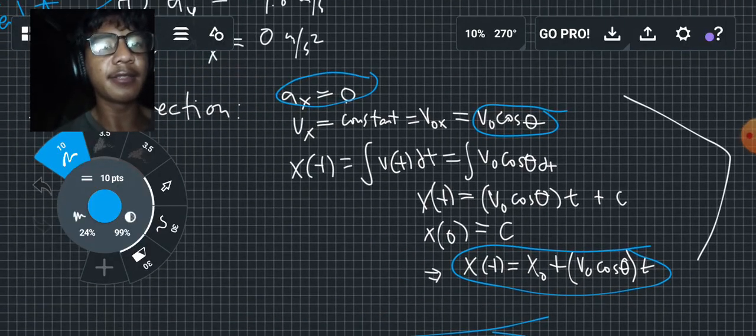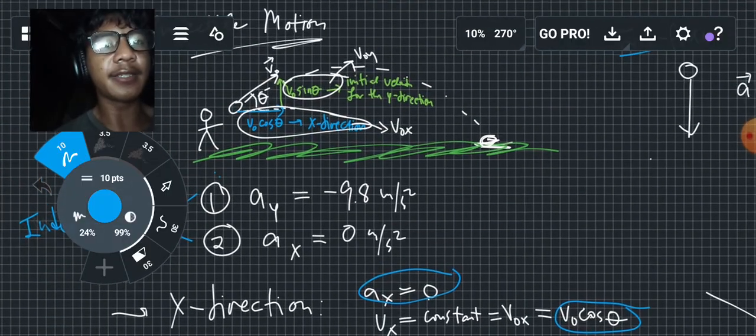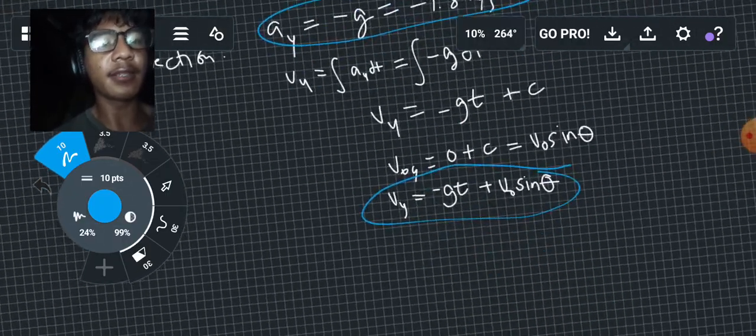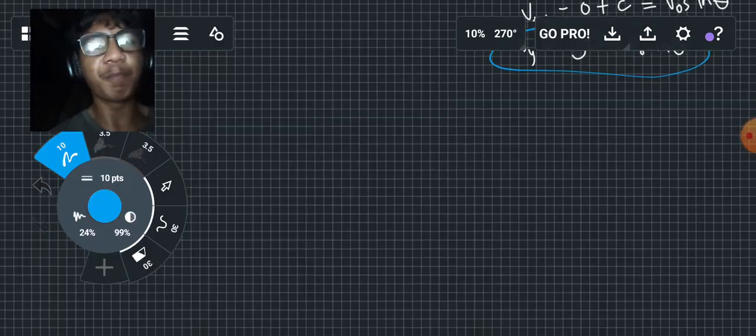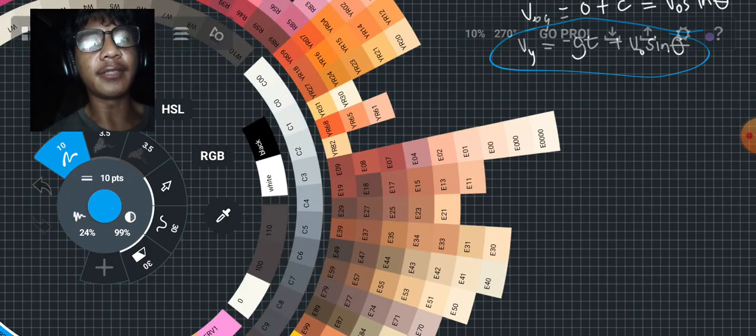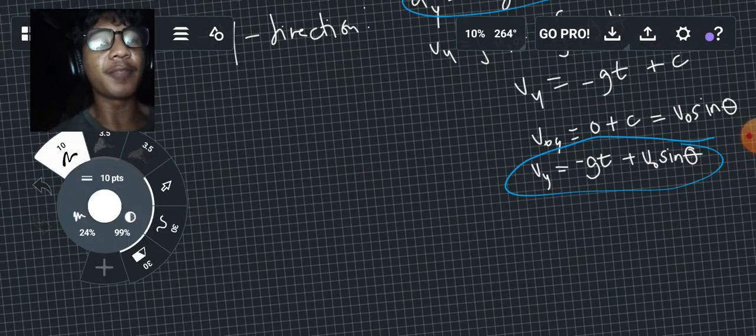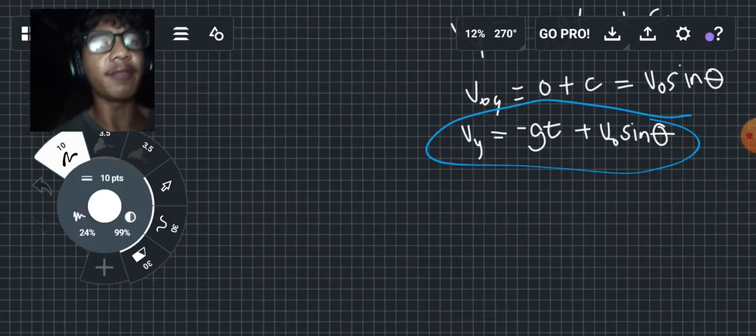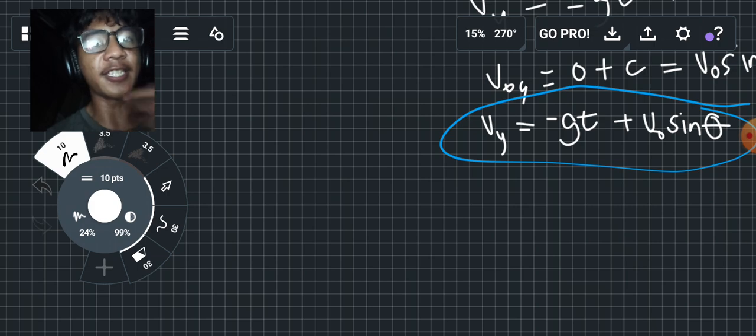Next is the position function with respect to time of our y. This is the most important part actually for me.